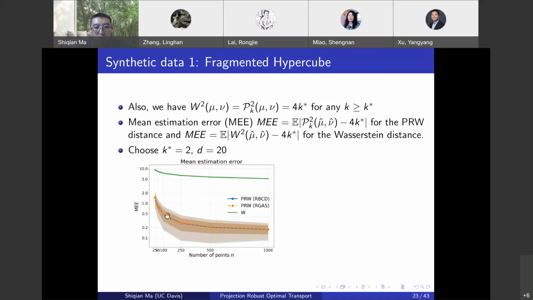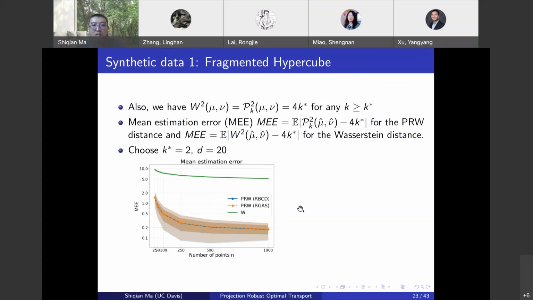Here we have a blue curve, we have an orange curve. They correspond to the projection robust Wasserstein distance computed by two different algorithms. And this green curve is the original Wasserstein distance. Right? So then we can see that, for example, if you have the same number of sampled data, then the error given by the projection robust Wasserstein distance is much smaller than the Wasserstein distance.